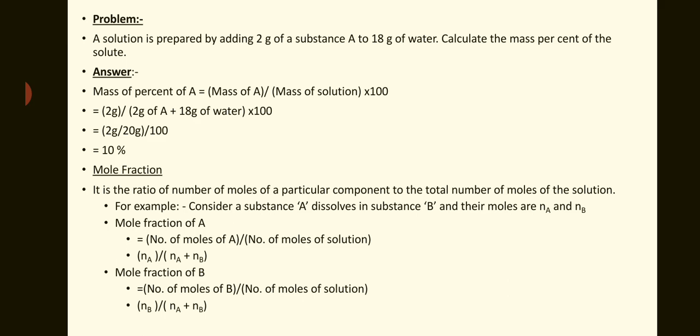And mole fraction of B, suppose it is the solvent, is the number of moles of B divided by the number of moles of solution, meaning the sum of the moles of solute and solvent. Mole fraction of B is equal to Nb upon Na plus Nb. Remember this mole fraction; last year it was asked as a 2 marks question in class 12th also.